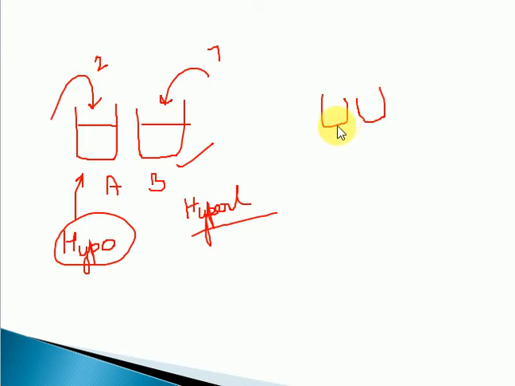Then we say that both solutions are isotonic to each other. Iso means same. So if both the beakers have similar amount of water and similar amount of solute, let's say 5 teaspoons of sugar here and 5 teaspoons of sugar here, then we say that both the solutions are isotonic in nature.